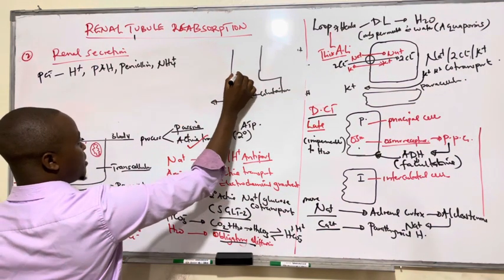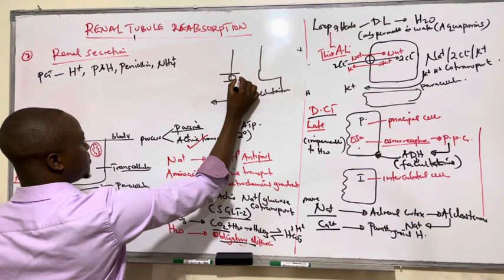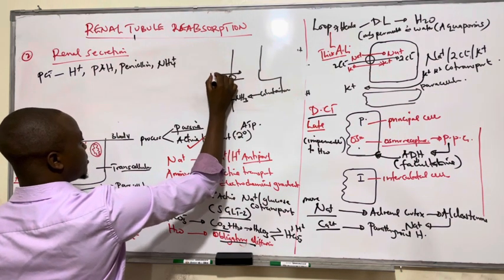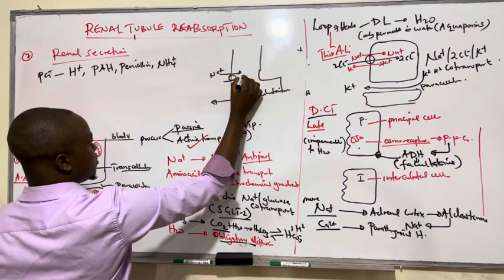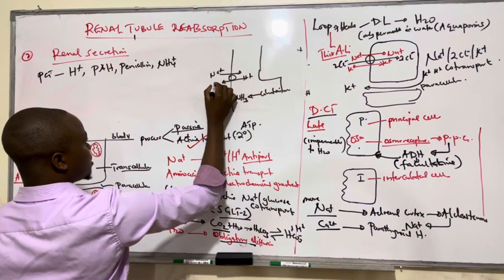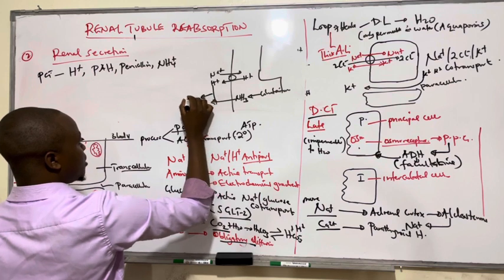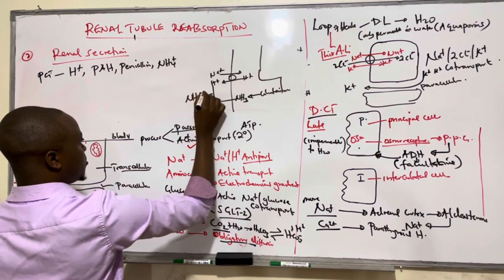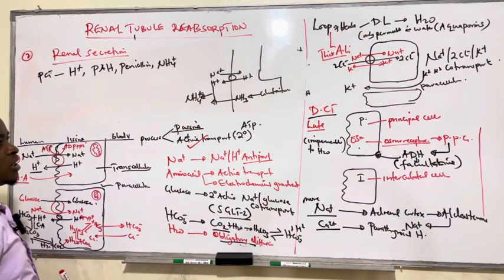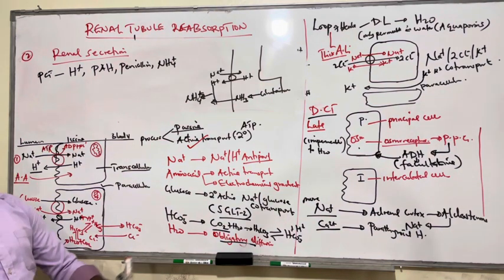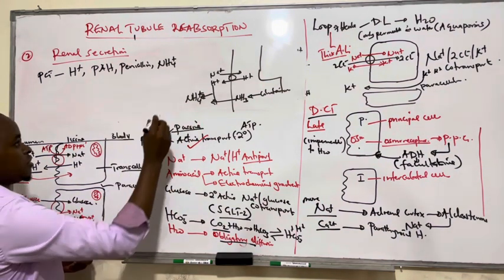And you remember in the lumen there is exchange of sodium, that when sodium enters the cell, we see hydrogen ions being secreted. And this hydrogen ion combines with ammonia to form ammonium ions. And this is how the proximal tubule is able to secrete ammonia.